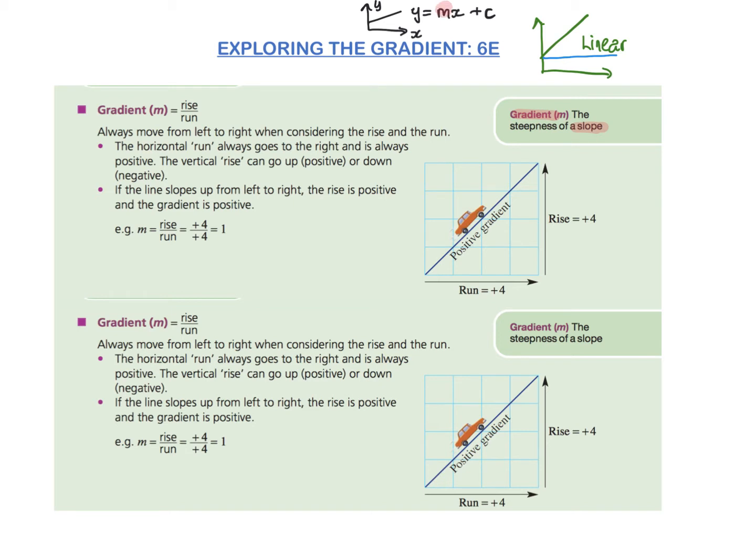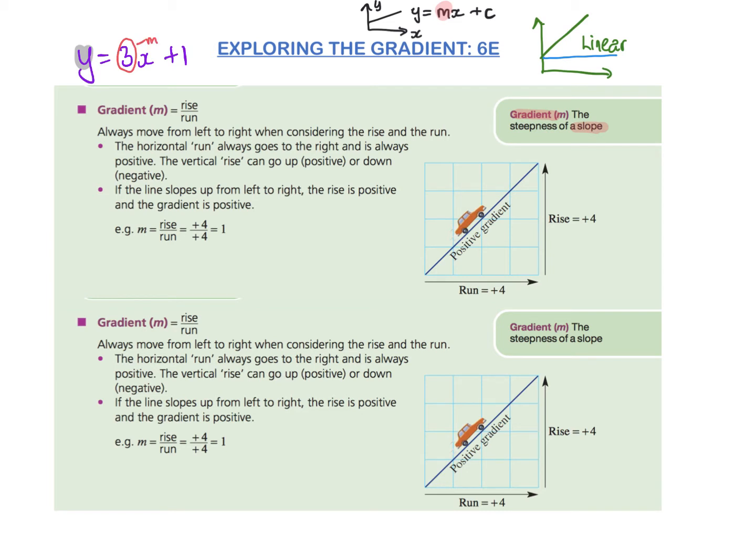This number that's in front of x is called the gradient, and we just represent it with an m when we're talking about it. For example, later on we might see y equals 3x plus 1. This number here is our gradient. That would be the m.